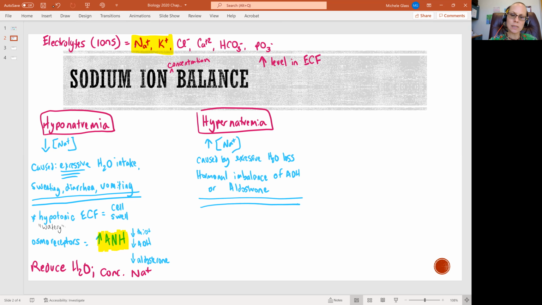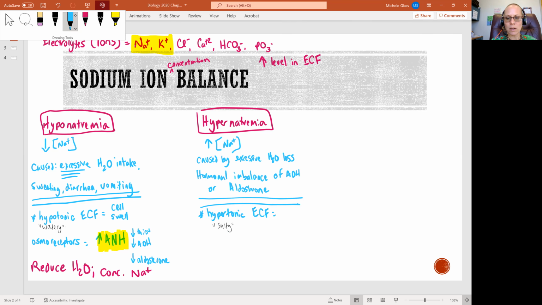Essentially, what's happening in this case is exactly the opposite. We are creating a hypertonic extracellular fluid. And when we create a hypertonic extracellular fluid, we can basically talk about this as like salty. And that's going to cause a cell to dehydrate.